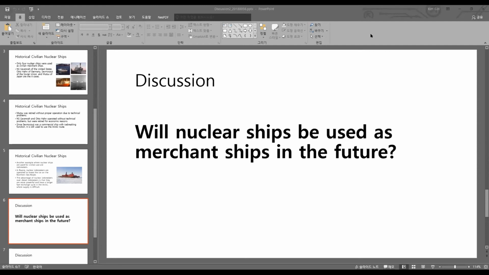Okay, thank you for the opinion. One of the reasons that the nuclear ship Otto Hahn failed in the past is that some ports did not give permission for Otto Hahn to come into their ports because they thought the nuclear ship was not safe.